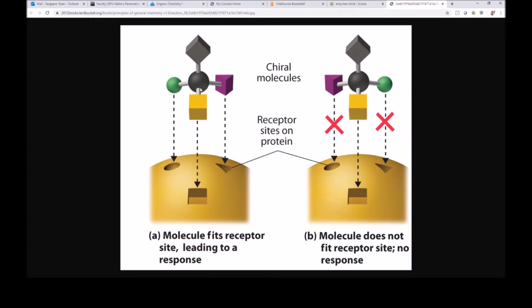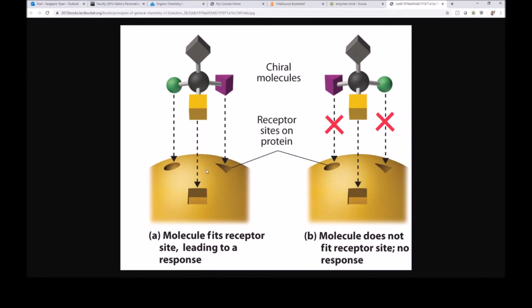You can tell that they're enantiomers because I have switched the green and the purple, and so that represents a switching of all of the chiral centers. There's only one chiral center. When you have a biological receptor, they are often and almost always three-dimensionally specific. And evolution selects for this type of specificity.